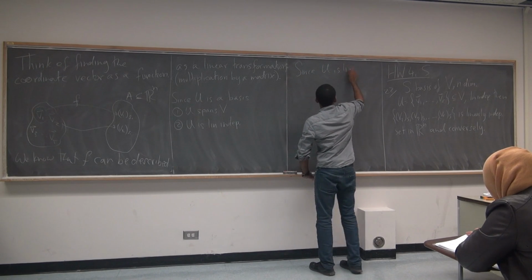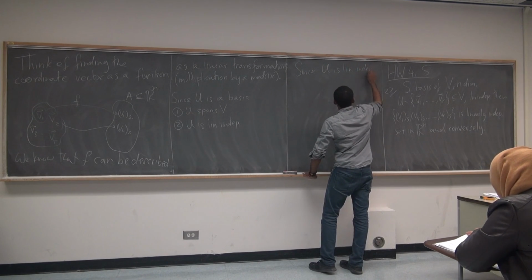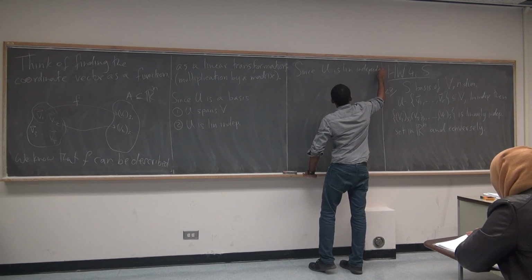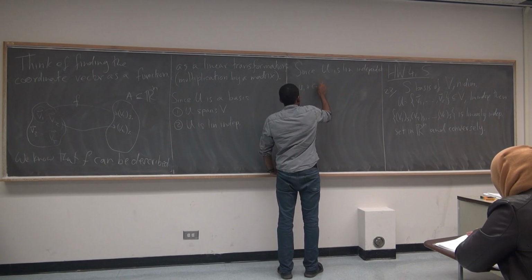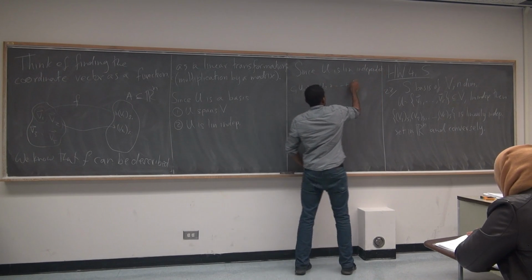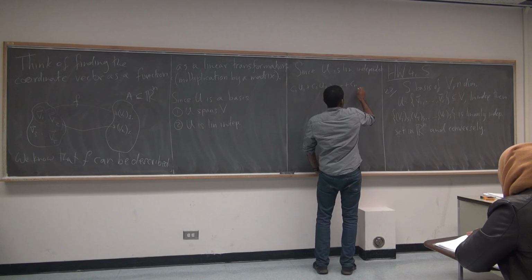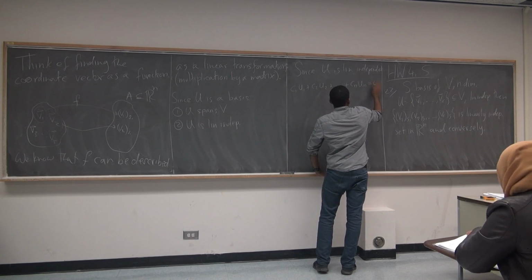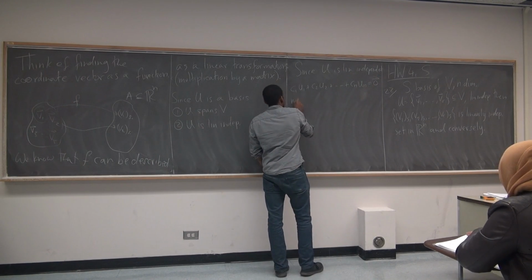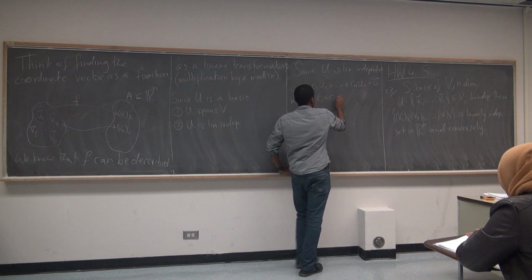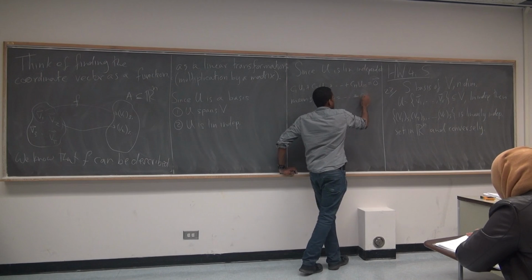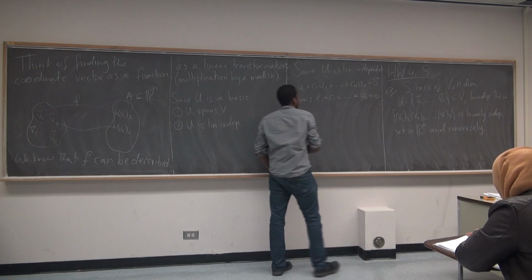Since U is linearly independent, we know that C1 U1 plus C2 U2 plus up to Cn Un equals 0 means C1, C2, all the way to Cn equal 0.